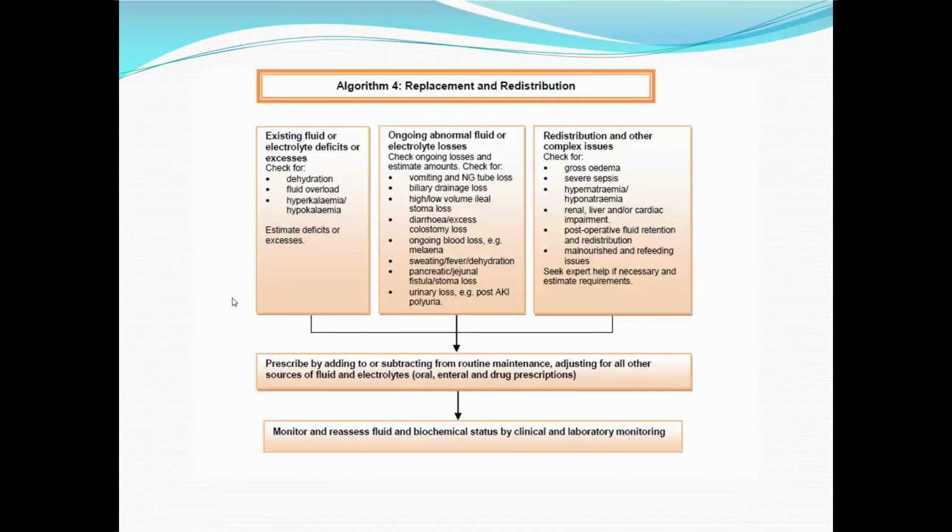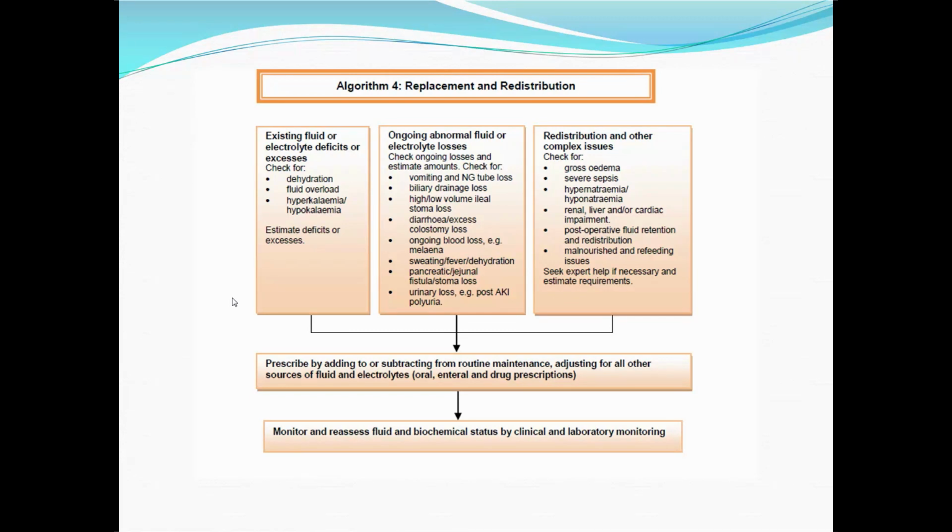So we start with our existing fluid electrolyte status, and in this patient we said vital signs are normal, and their metabolic panel is normal, so they don't have any major abnormalities regarding intravascular volume or electrolytes. So it's really centered around the ongoing losses from that NG tube, and then just account for that.